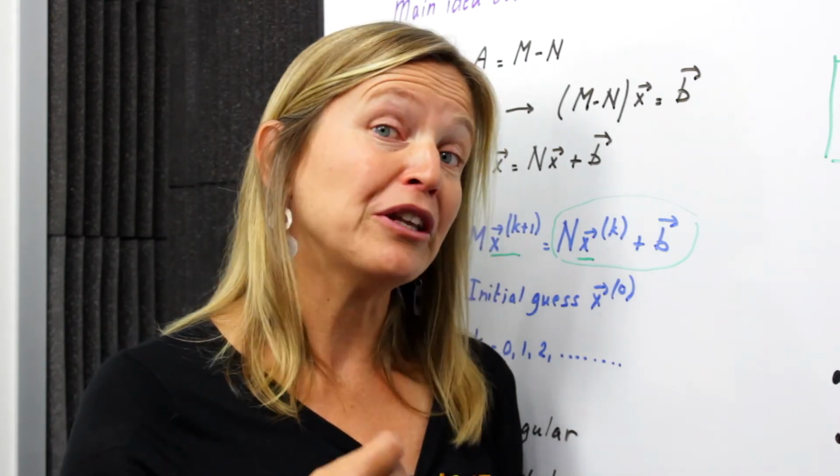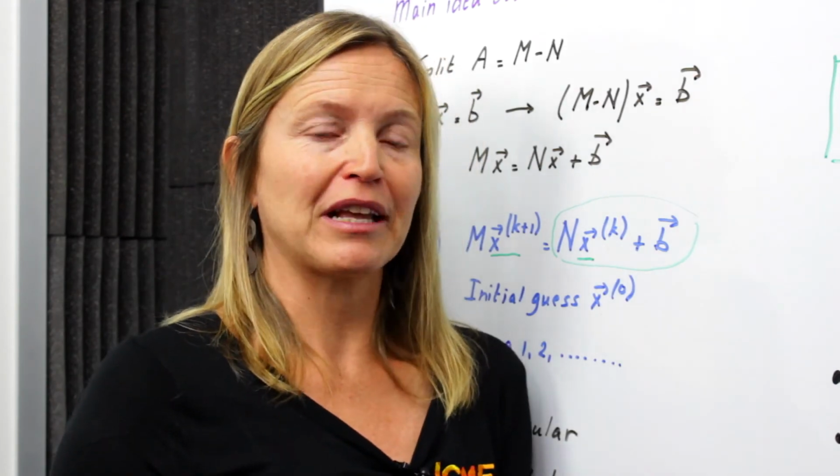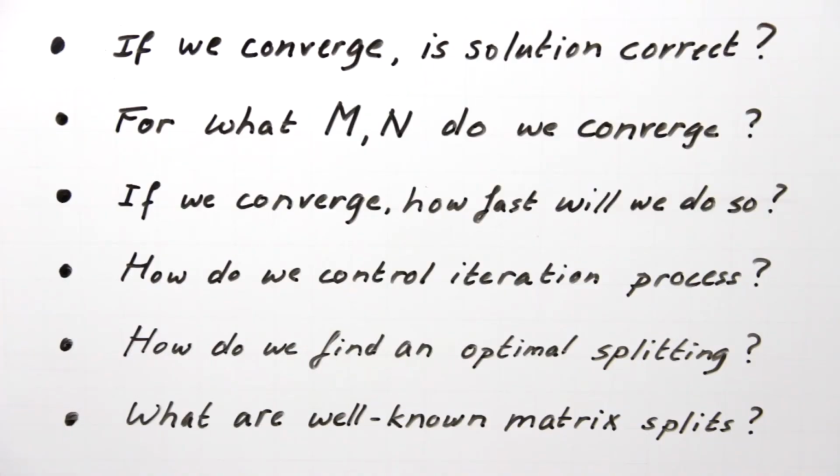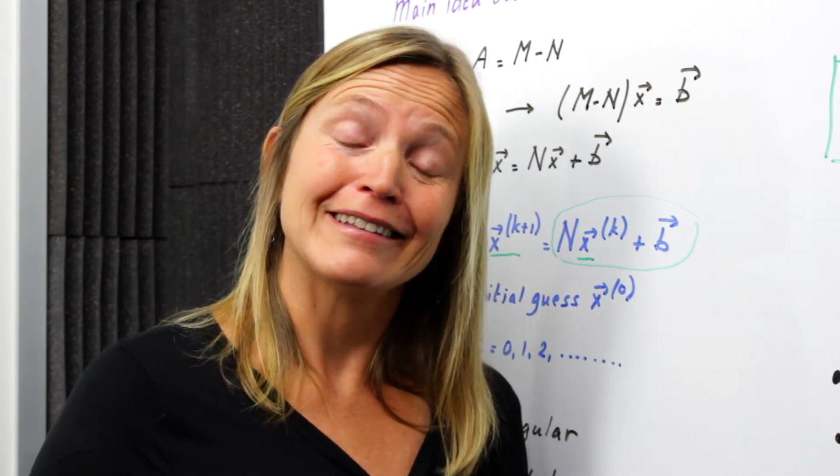The problem is we don't know x, so how can we measure that we're close enough? And then the last thing is, are there very well-known splitting methods that we may be able to apply directly to our problem, or do we have to reinvent splitting methods every time we have a new application? So I look forward to seeing you in the next videos.